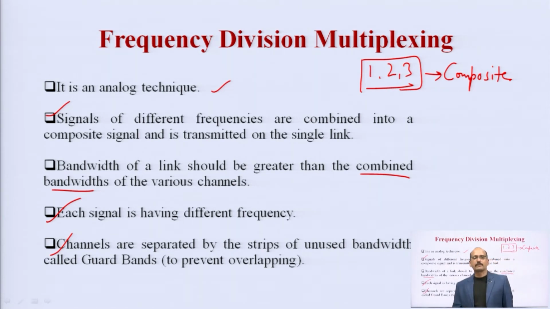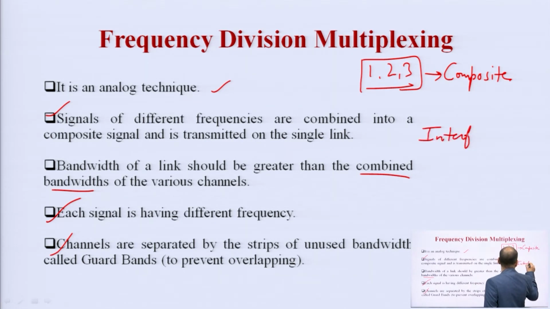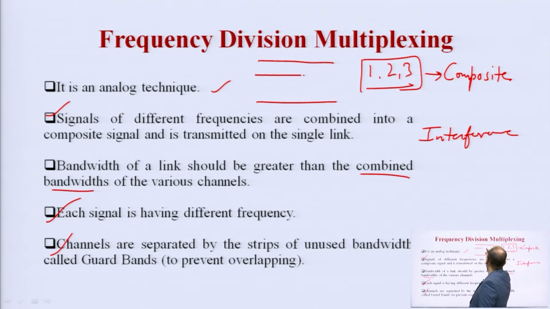Basically, what is that? I am going to tell you. You are all very much aware of the word interference. When we divide a single channel among 3 users, what is going to happen?